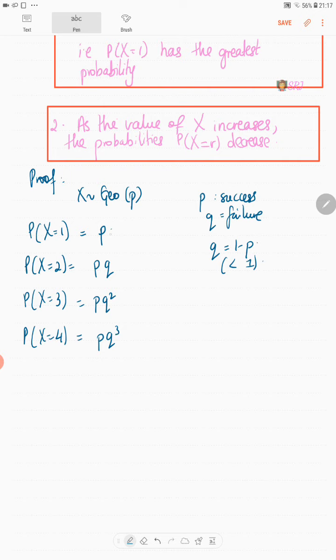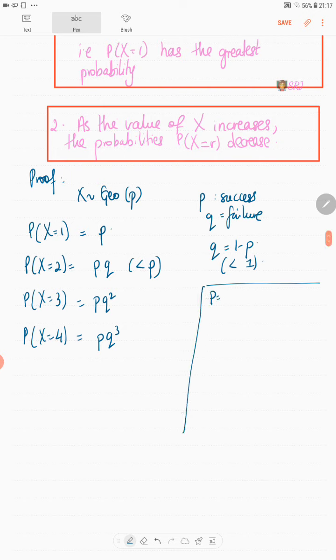Now, if we have probability X is equal to 1, it is P. To obtain probability X is equal to 2, we have to multiply P by Q. And we know that Q is a value less than 1. So when we take P, we multiply it by a value less than 1. This value of PQ will be less than P. So let's take a numerical example to illustrate this.